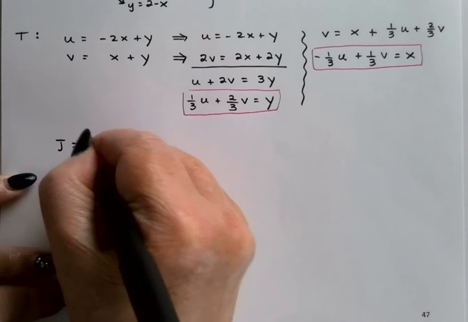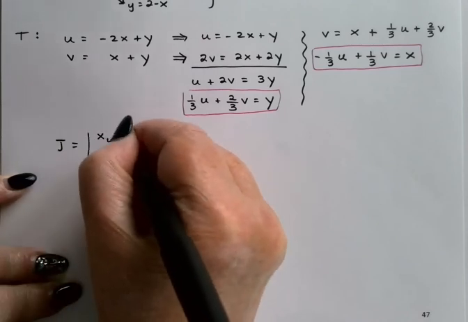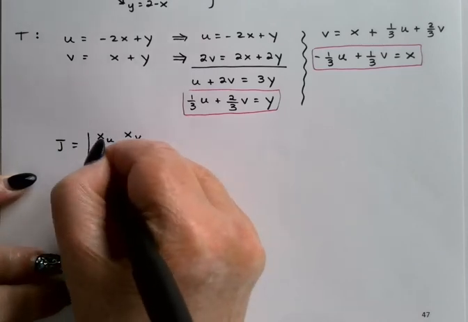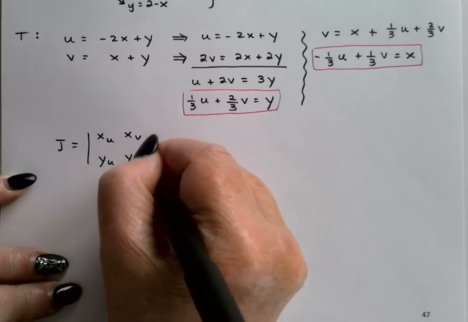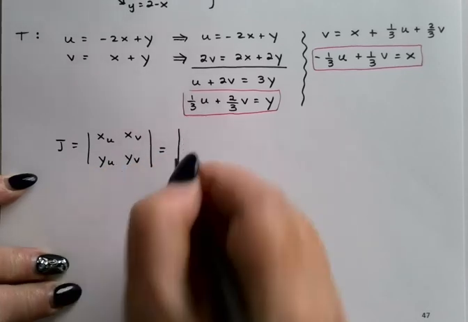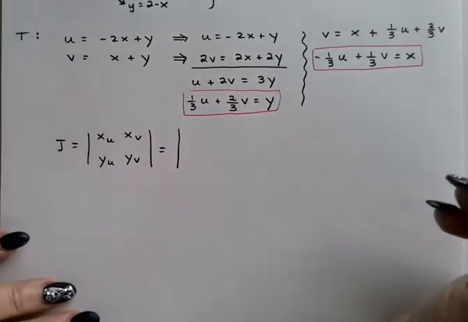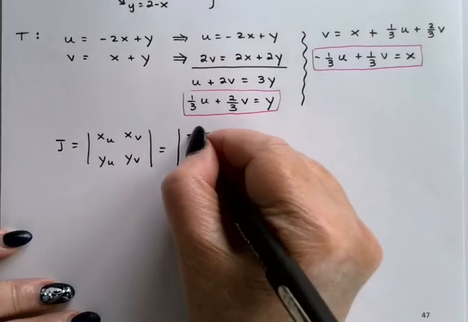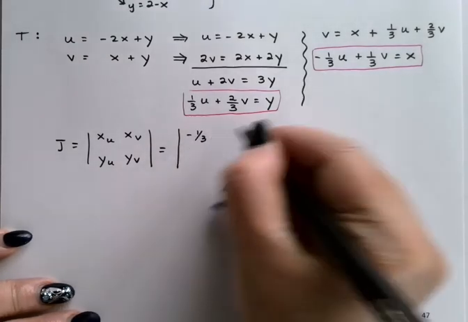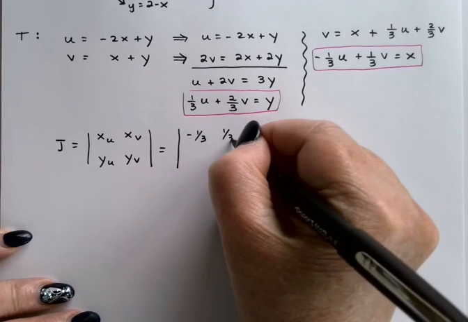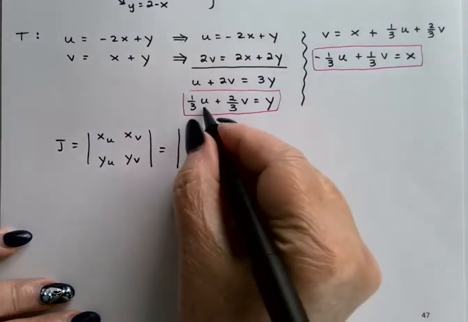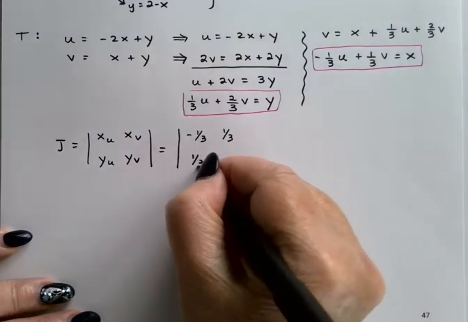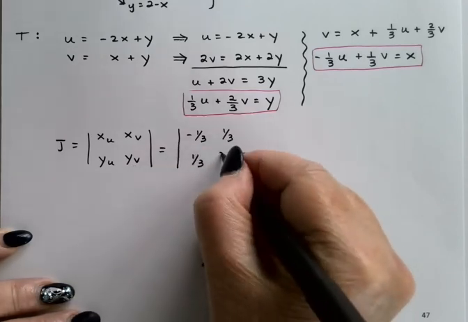That means my Jacobian, which is x sub u, x sub v, y sub u, y sub v, is going to be x sub u, negative 1/3, x sub v, positive 1/3, y sub u, positive 1/3, and y sub v, positive 2/3.